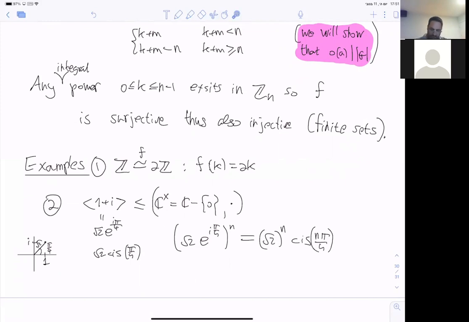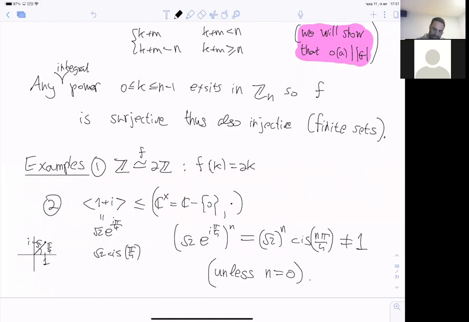So this can be 1, of course, but this could not be 1, unless n is 0. So this is infinite.